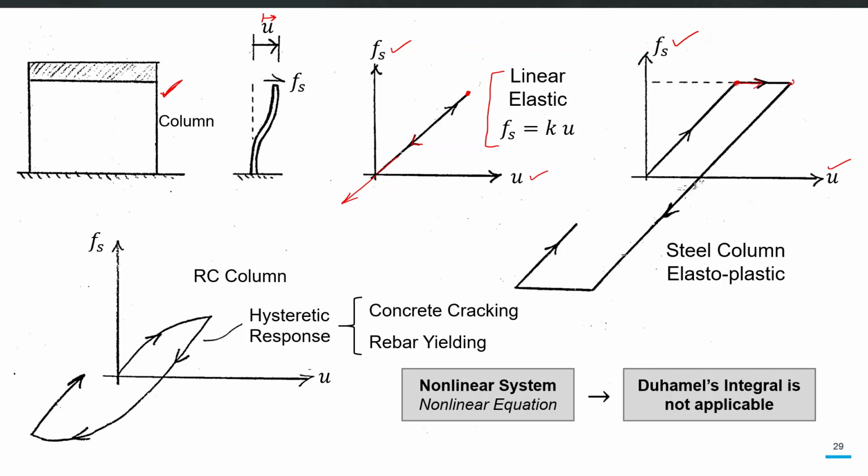And after yielding, at any point, if we unload or reload the structure in the other direction, then the line will not come back to origin here. It will have some residual deformation. Upon further loading it will go to the other direction, and it may yield in that direction also. And after yielding, if we unload or change the direction of loading, it will not come back to origin also.